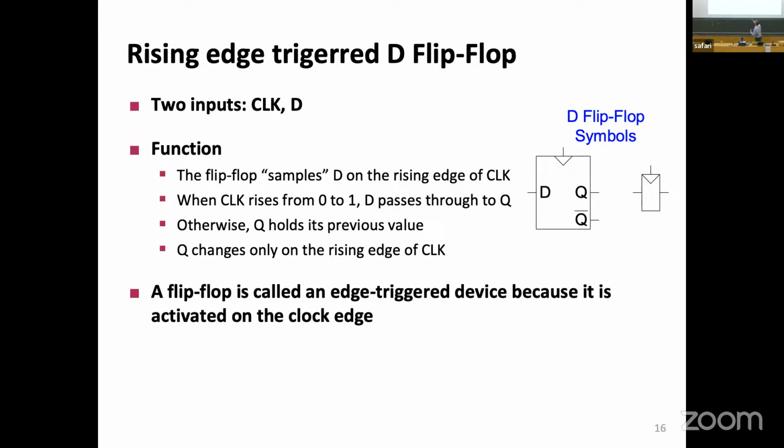So how does it work? When clock rises from 0 to 1, the input passes through to Q. That's simple. I'm a rising edge triggered D-type flip-flop. I don't care what happens. The clock changes from 0 to 1. I open my eyes. I memorize it. 5 people here. I close my eyes. 5 people, 5 people, 5 people.